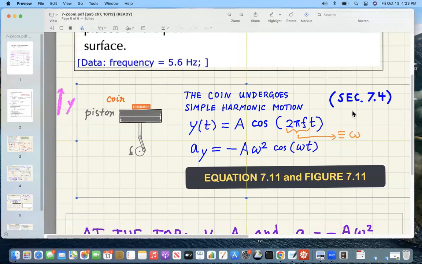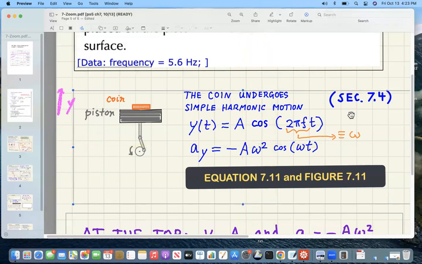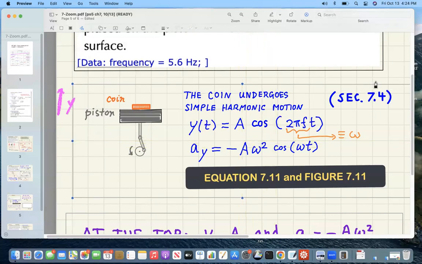Now, you have to read section 7.4. If this is the coordinate, then the acceleration is given by this equation. I mean, if I know the coordinate as a function of time, I can write down the velocity as a function of time.